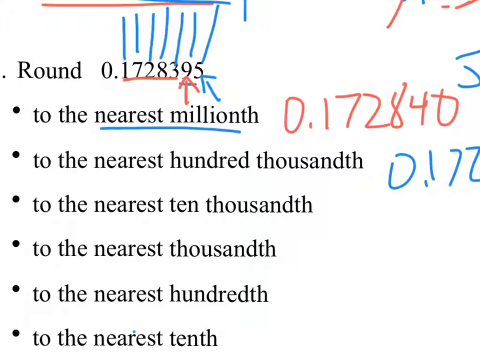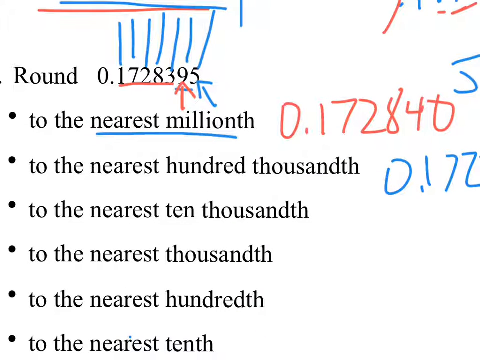Next, we'll go to the nearest 10,000th. Let's see what we have to start with. So we have 0.17 hundredths, 8 thousandths, sorry, so 2 thousandths, 8 10,000ths, 3 100,000ths.